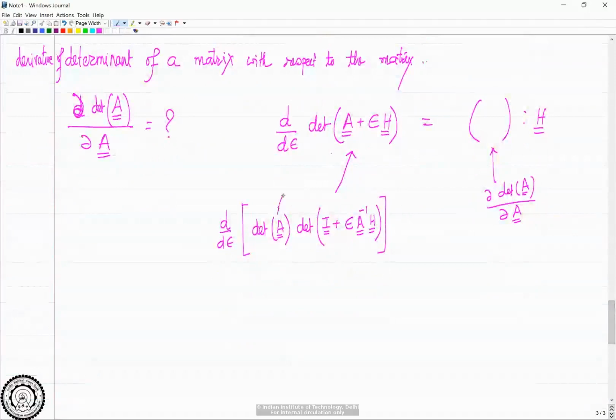You simply take the product of the two tensors inside and you will get this thing here. But then when you do d by d epsilon, this acts as a constant, so it comes out. So you have det A into d by d epsilon of determinant of identity plus epsilon A inverse H.